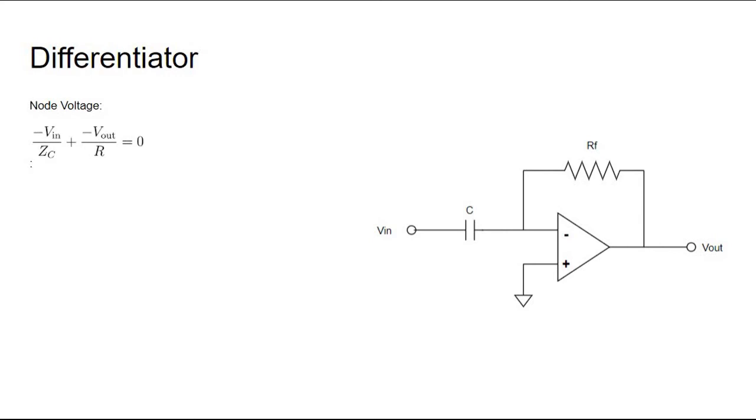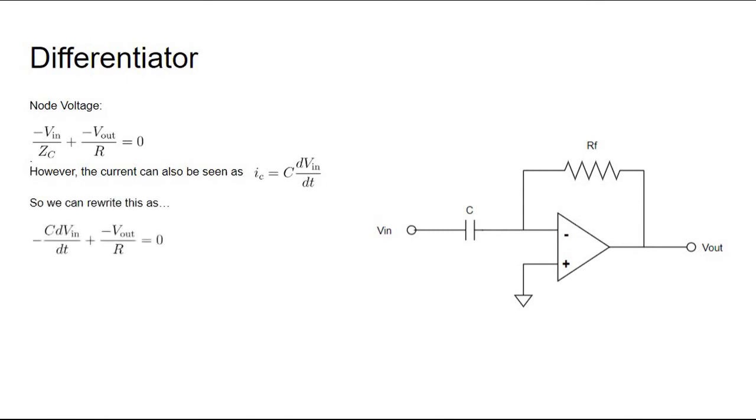However, for the current going through the capacitor, you could also think of it as the capacitance times the derivative of the input voltage. So we can rewrite this as negative C dV/dt plus negative V out over R is equal to 0.